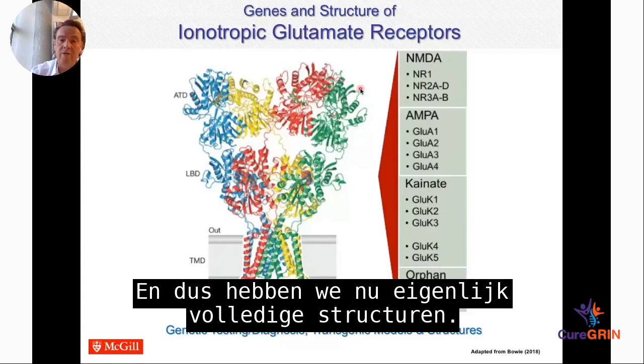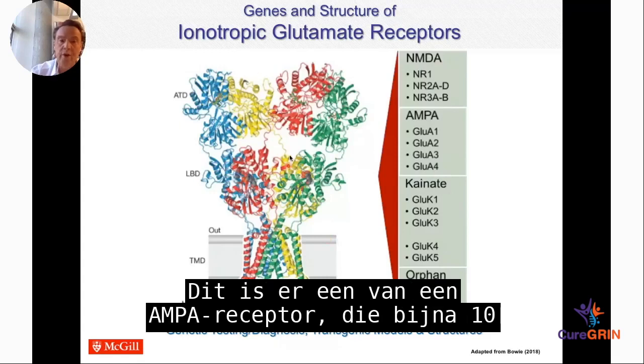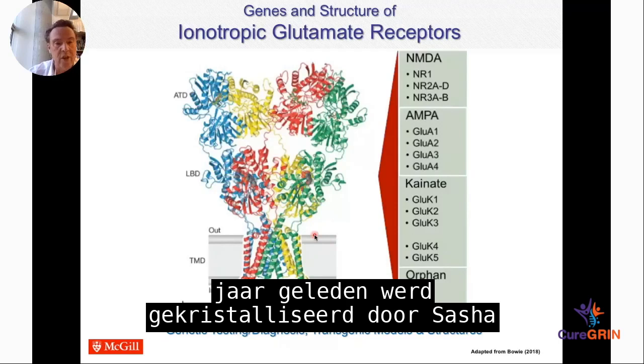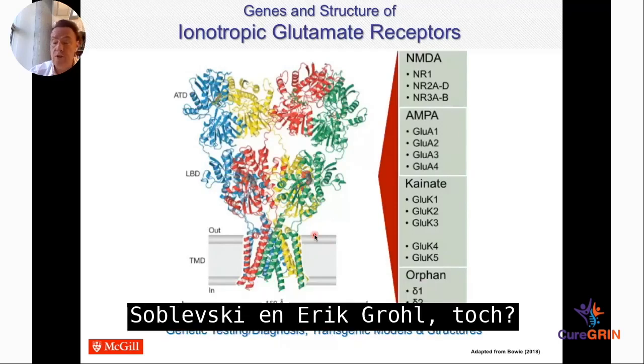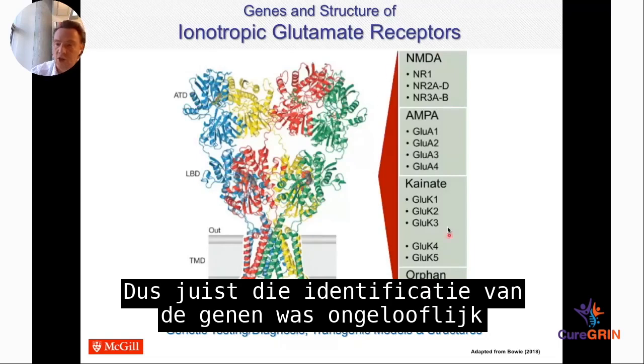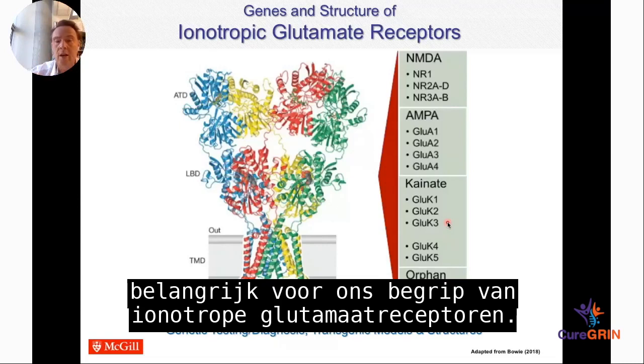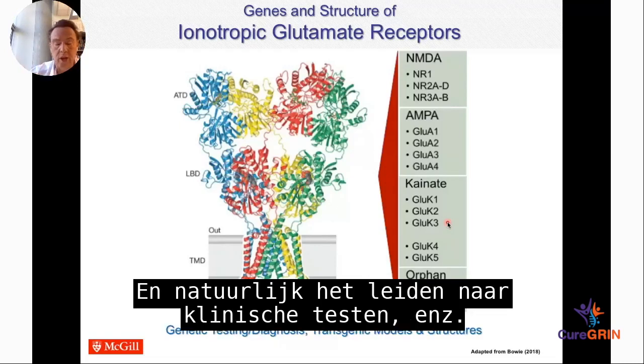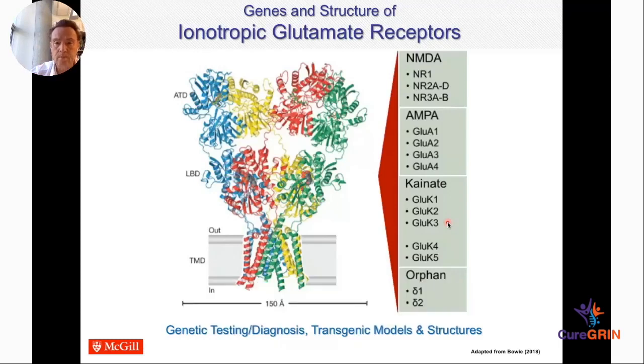So now we actually have full-length structures. This is one of an AMPA receptor, which was crystallized by Sasha Sobolevsky and Eric Gouaux almost 10 years ago. So just that identification of the genes was incredibly important in our understanding of ionotropic glutamate receptors, and of course, leading into clinical testing.